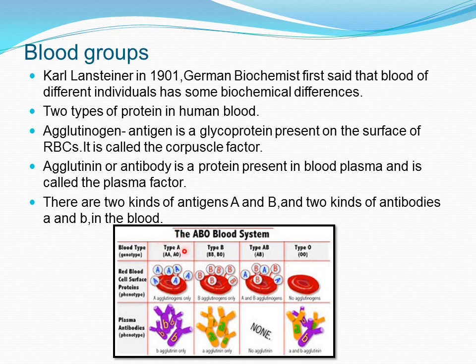Now suppose in type A blood group we have A agglutinogen, whereas in type B blood group we have B agglutinogen. In type AB we have both A and B agglutinogen, but in type O there is no agglutinogen present. That is, no antigen is present on the surface of the RBC of individuals having blood group O. We will learn about it in detail in the next slides.